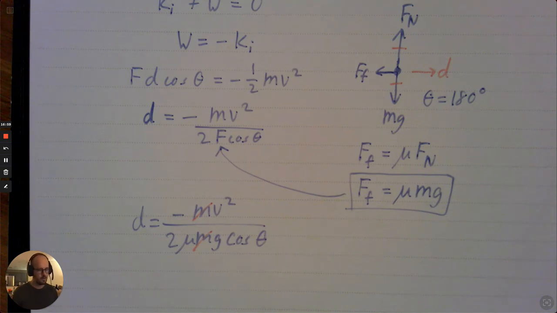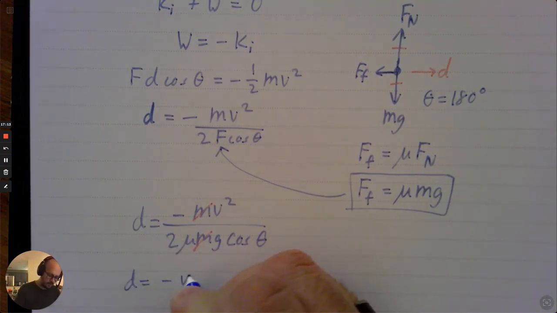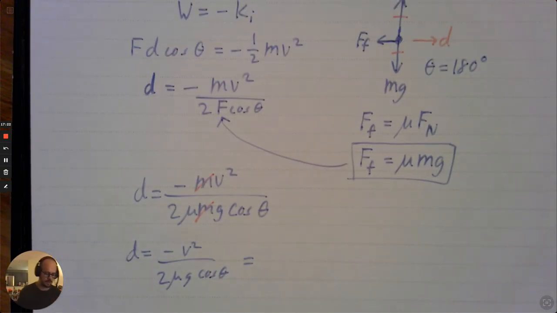And I imagine a lot of automotive companies would disagree with that. And so there's an inkling that there's more going on than meets the eye to friction. So I now have this equation, d equals negative v squared over 2 mu g cosine theta. So let's plug all of our numbers in and see what happens.